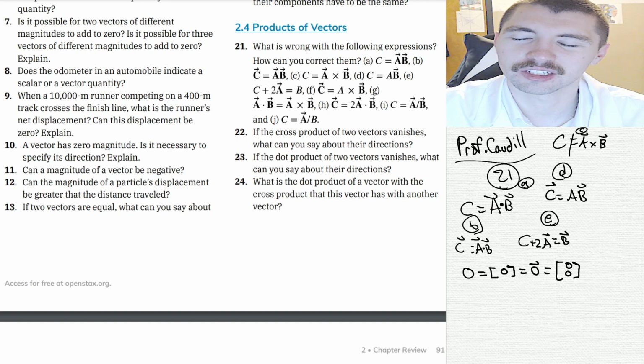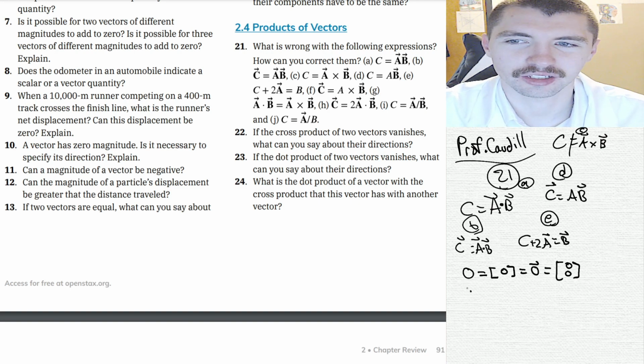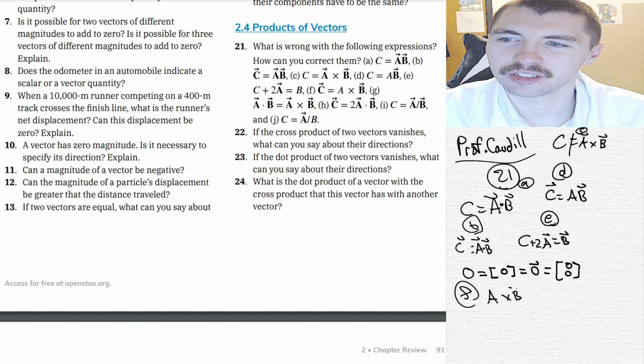So that's why the book is very vague. So F, A cross B. Again, you need to have 2 vectors to do a cross product.